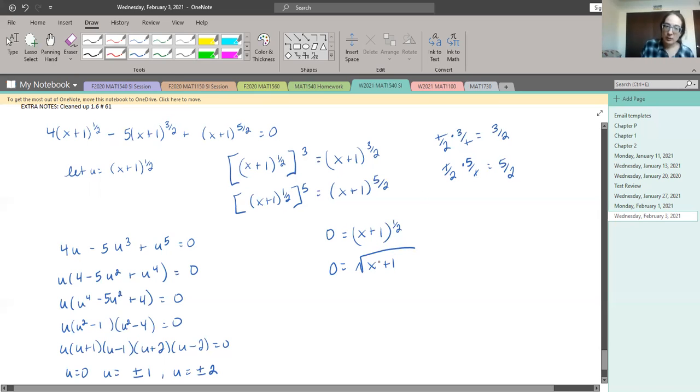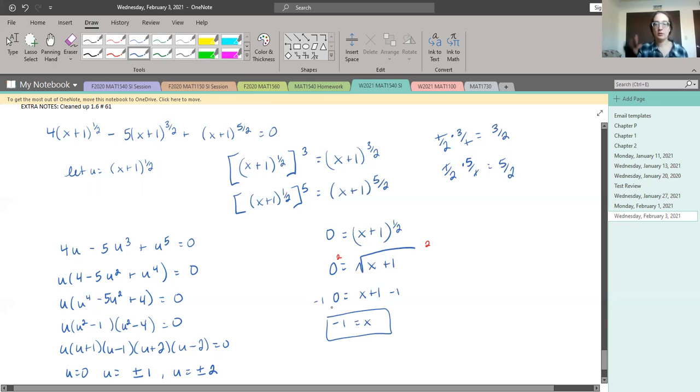To get rid of the square root, we're going to square both sides, because all we care about is what x is. Squaring both sides, we get 0 equals x + 1. To isolate x, we subtract 1 from both sides, so x equals -1 is our first answer.